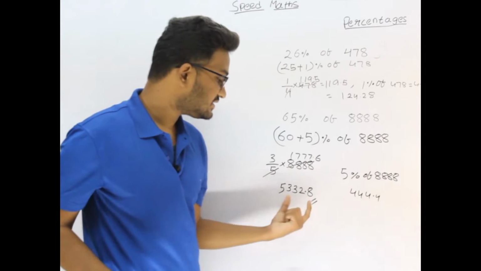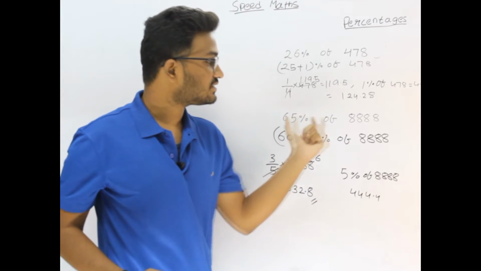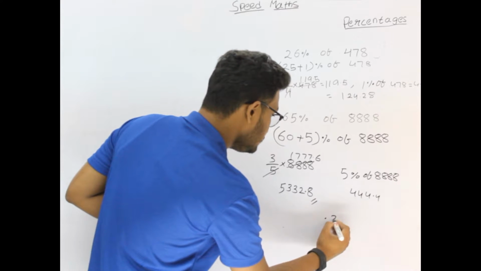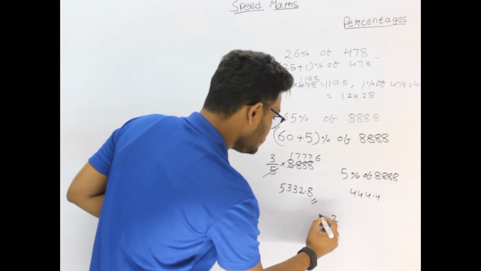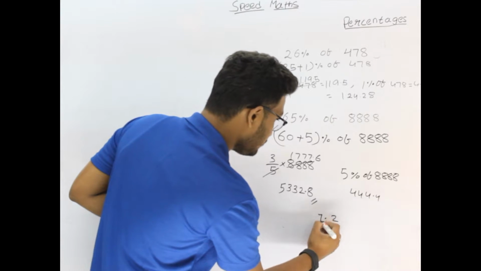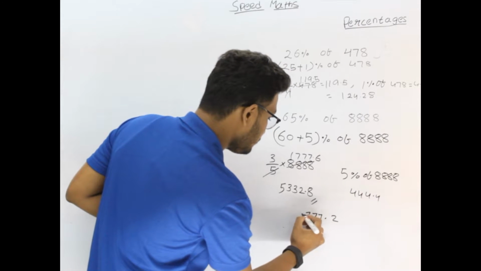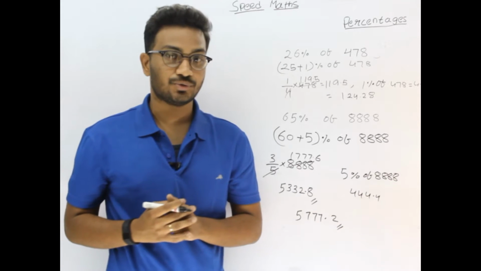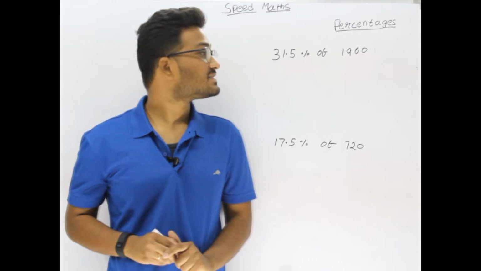Now we have to add these two values to get 65% of 8888, which will give us 5777.2. Let us see some more examples.